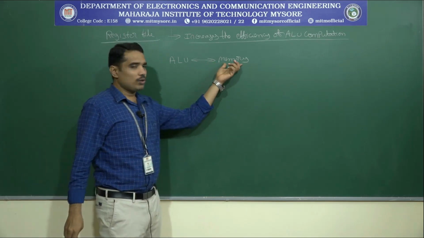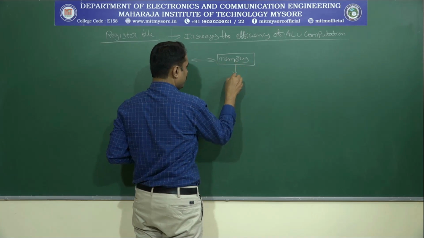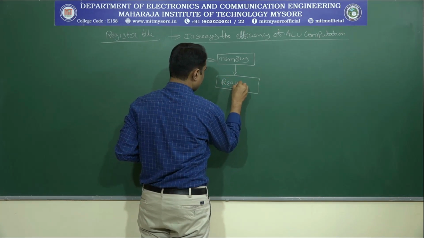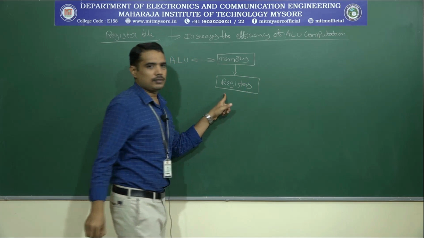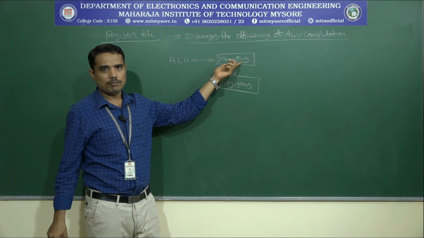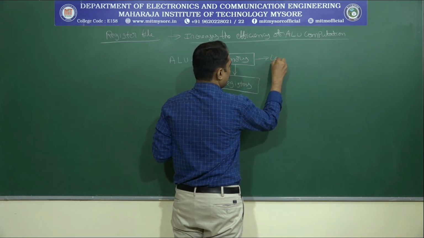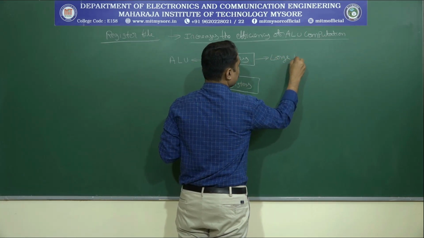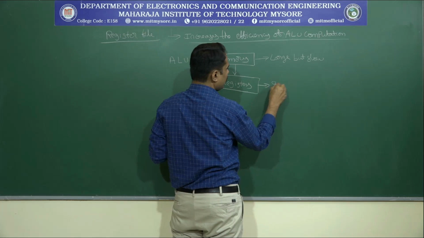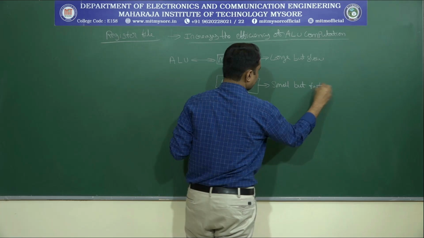If you replace this memory, which is not fast enough, by a special kind of memory known as registers, a small memory which is fast compared to the main memory, which is large but slow. The memory space is large but slow, but registers are small but fast.